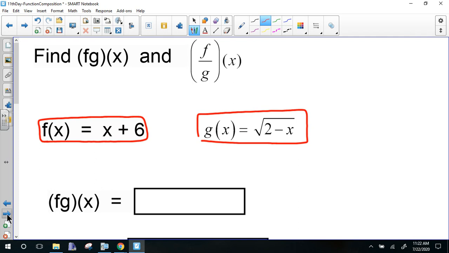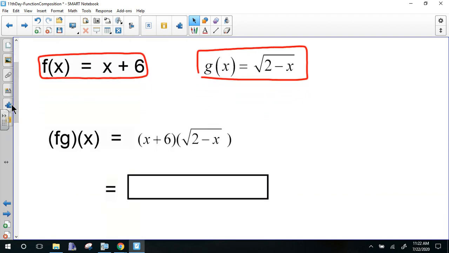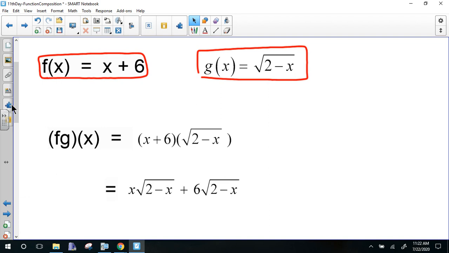So if I do f times g, that's multiplication. We'll be multiplying them. There's not much we can do here. We can do the x times the square root of 2 minus x and the 6 times square root of 2 minus x. So that's a distributive property.